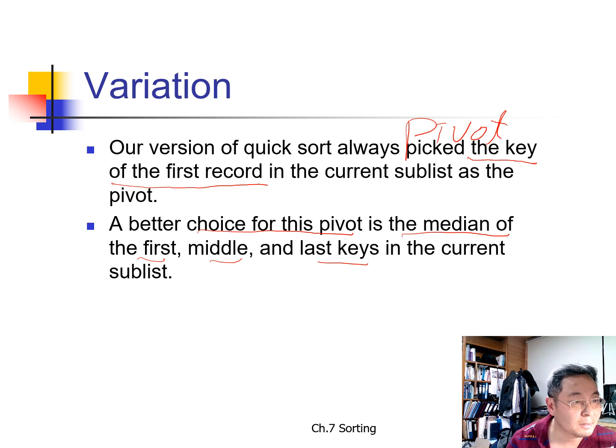Among them, we will select the median value as a pivot. So it will increase the speed of the quicksort, I think. So that's the variation of quicksort.